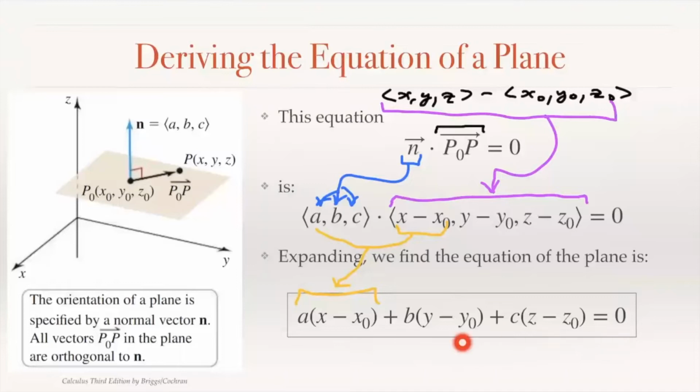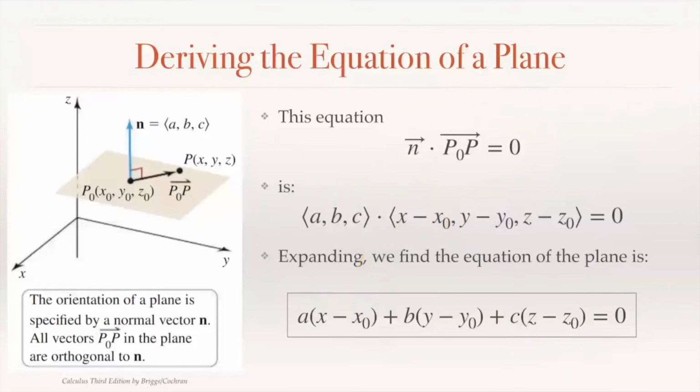So thus we have the equation of a line through a given point x naught, y naught, z naught, with normal vector a, b, c. And this is called the point normal equation of the line, because it's the equation of a line given a point and the normal vector.